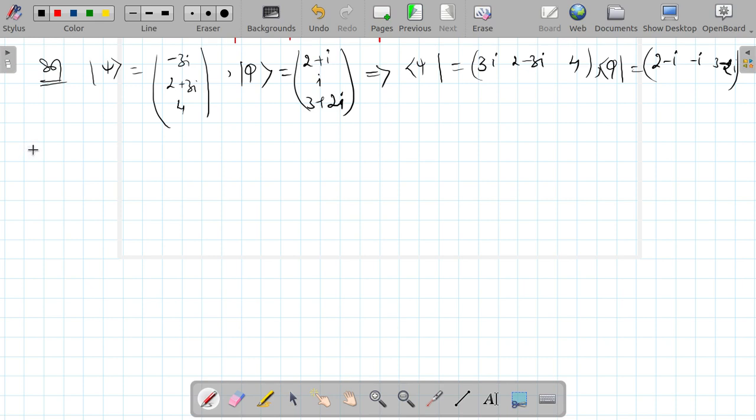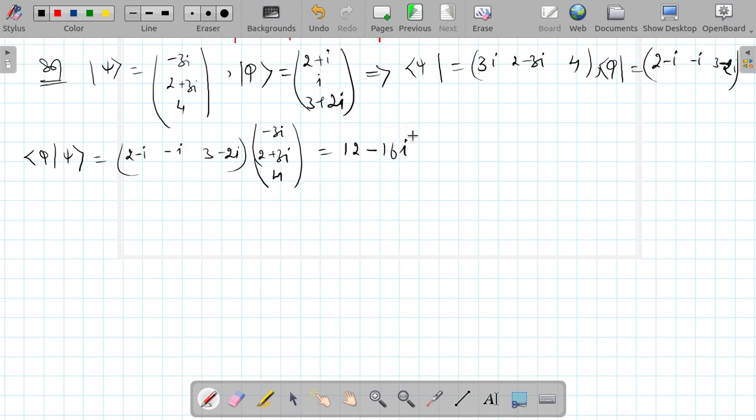Now next is this phi psi, which is 2 minus iota, 3 minus 2 iota, and minus 3 iota, 2 plus 3 iota, and 4. The first row, first column get multiplied, and if I simplify it, the result will be 12 minus 16 iota.